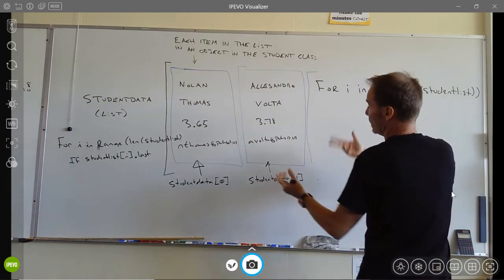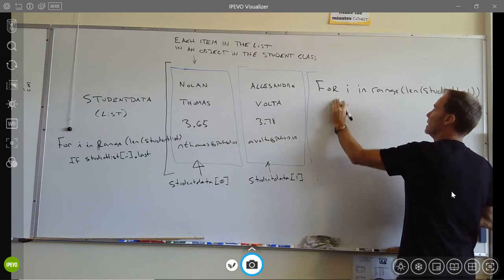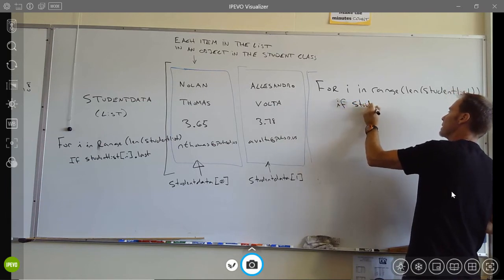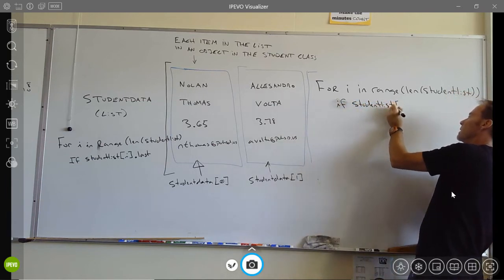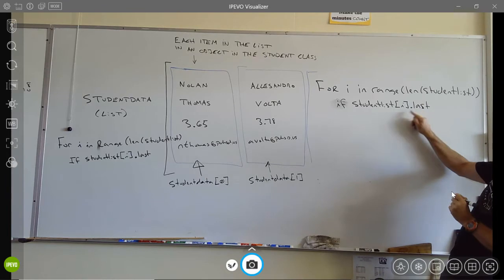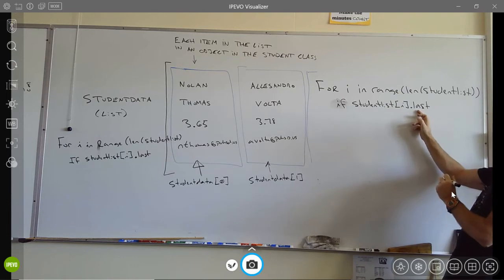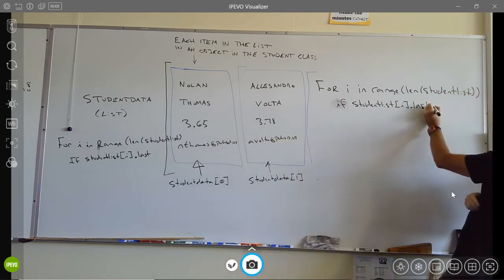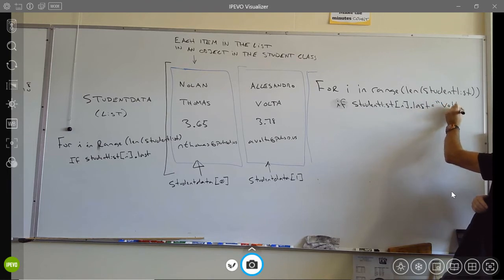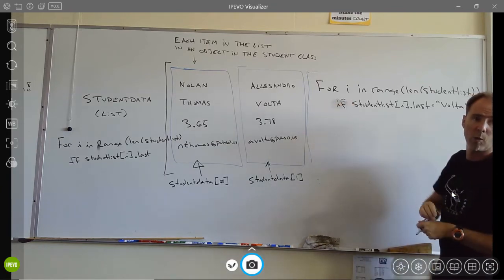Let's say I want to find the last name Volta. So I write: for small i, if student list i dot last, the last name field within that item, equals Volta, what do I want to do? Maybe say, hooray, I found Volta, he is in position 2, or whatever I want to do.